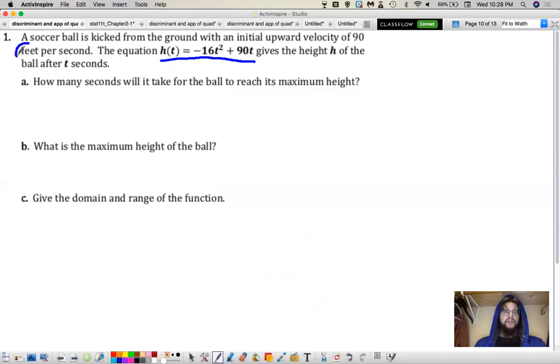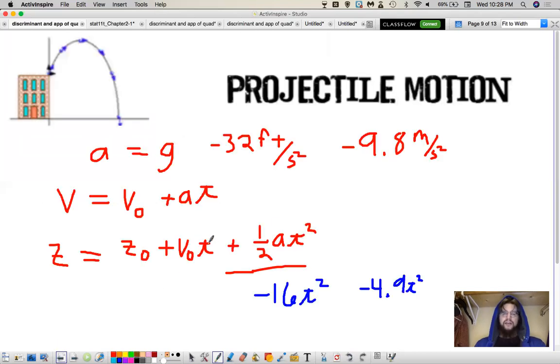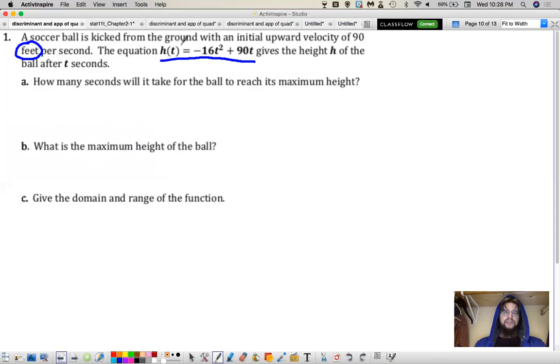Oh, hey, look, feet, and 90t. Remember that the coefficient of t here is your initial velocity. How fast were we going initially? 90 feet per second. So that's where they got this equation from. And they use h for height.